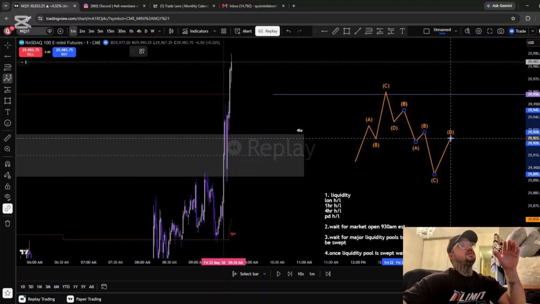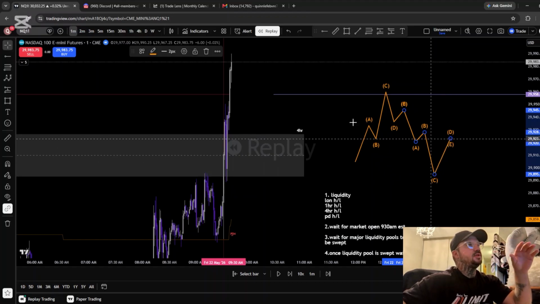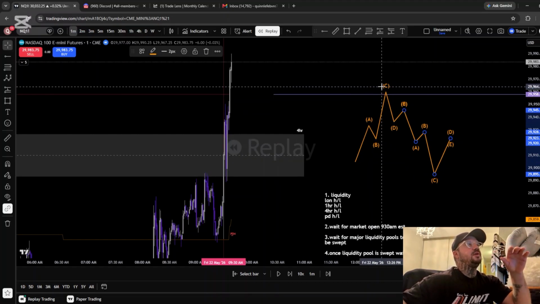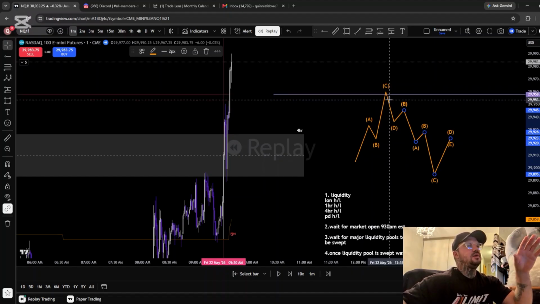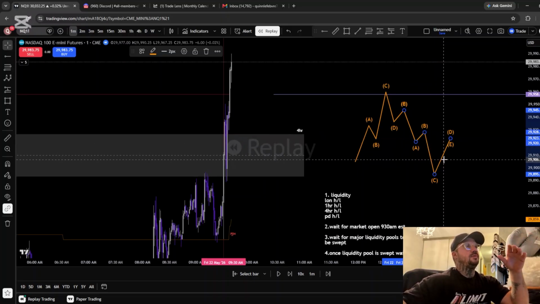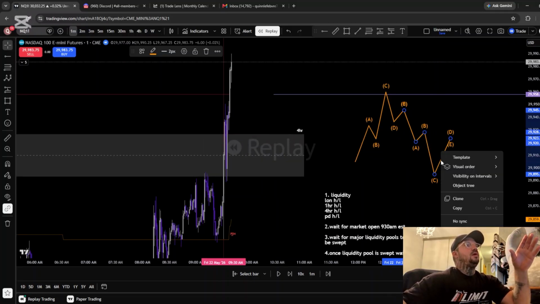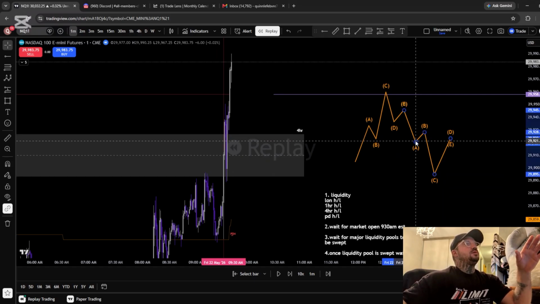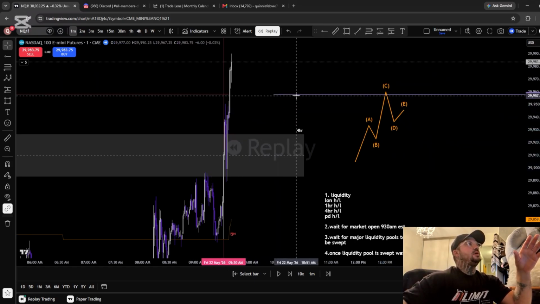Okay, so that's in an ideal world. So you want to see price come up, sweep, respect that level, super good, without closing above, and then start retracing and taking out these other low levels that we previously made. So let's take this out of here.